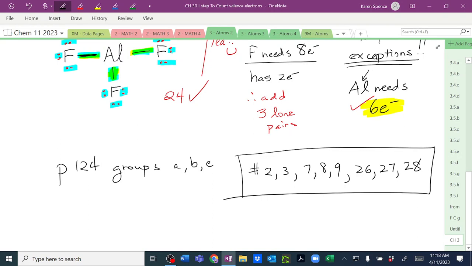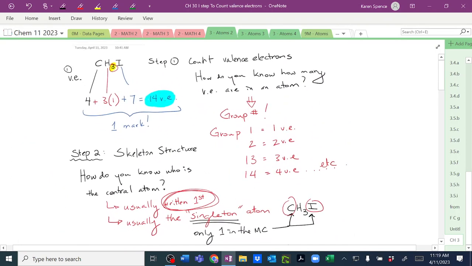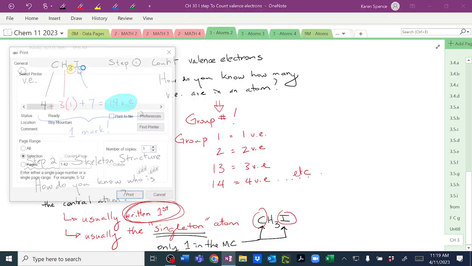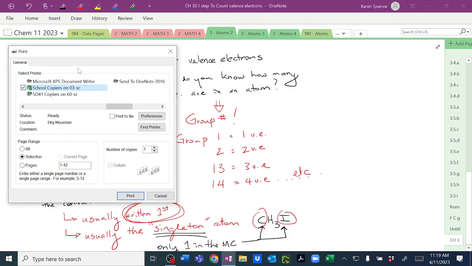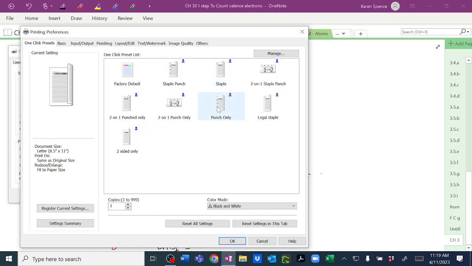I will print those out. Anyone else want a copy of today's notes? Hands up high. 1, 2, 3, 4, 5, 6, 7, 8, 9, 10. I'll make 15 because everybody always forgets to tell me. Okay. Staple punch.